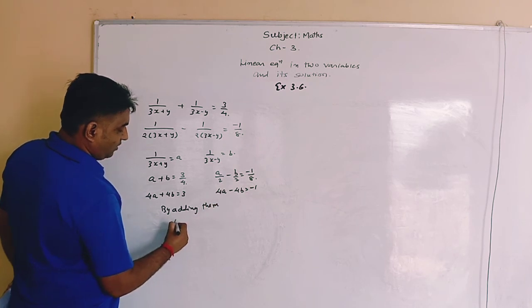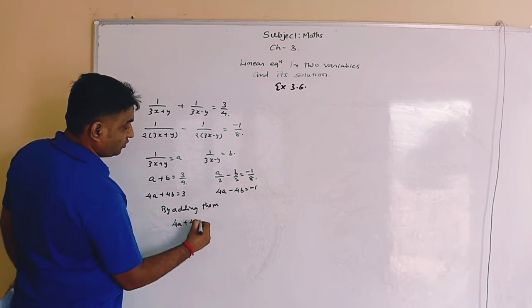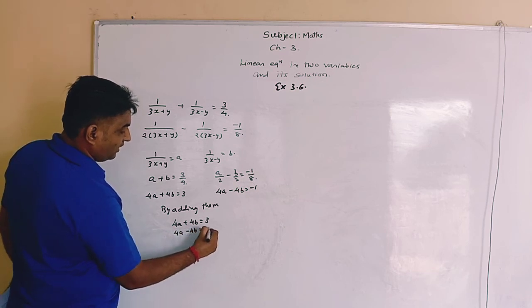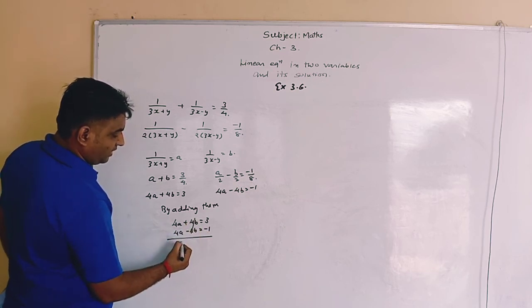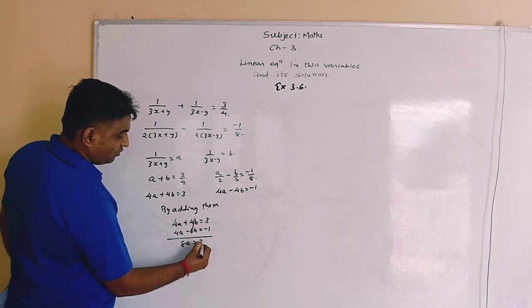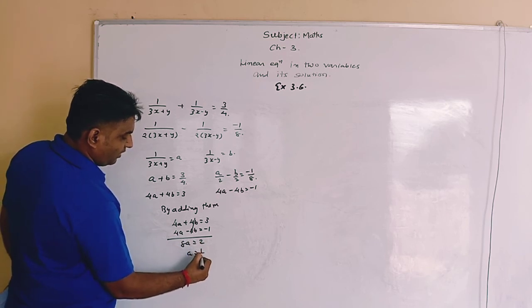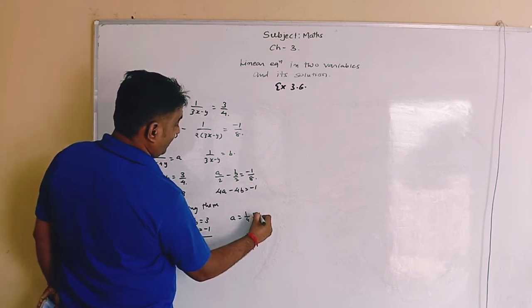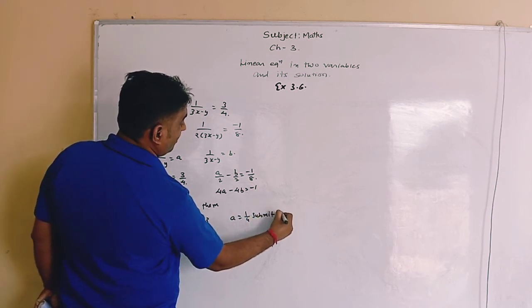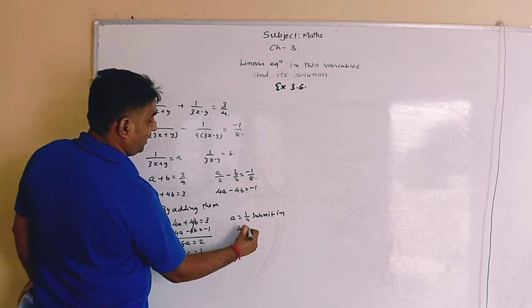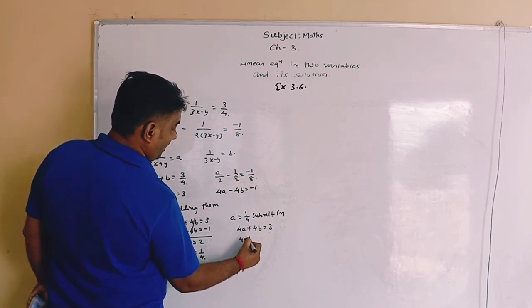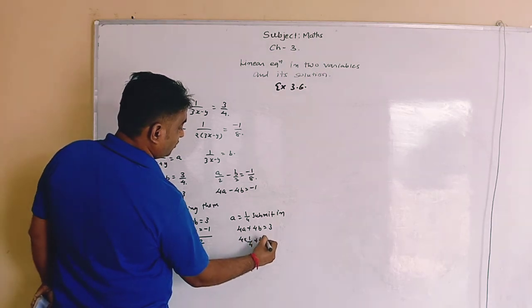we get 4a plus 4b equals 3, 4a minus 4b equals minus 1. So we add them, and 8a equals 2, so a equals 1 by 4. Substituting a equals 1 by 4 in 4a plus 4b equals 3, so 4 into 1 by 4 plus 4b equals 3.